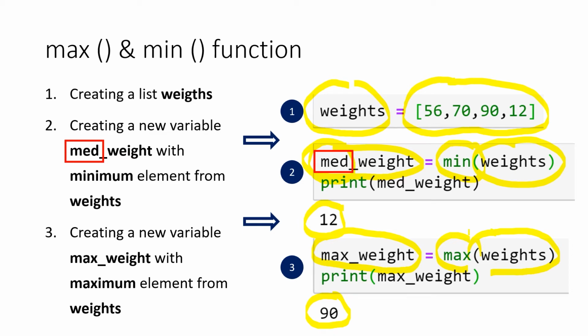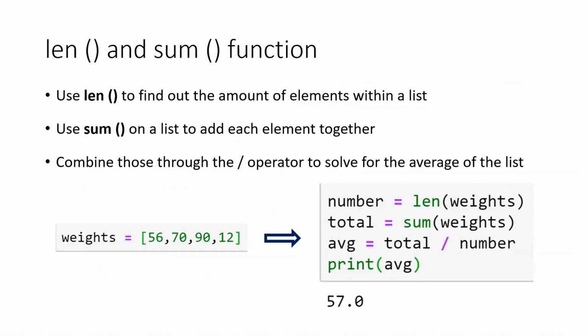That makes it much easier for me and for other people to understand my code. Because if I would have a medium weight also now, it would probably be too difficult for me to separate the max and min variable, and maybe in the end I will get a different or wrong result. So always use descriptive names for your variables.